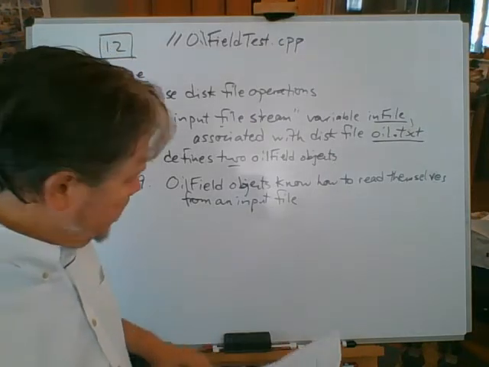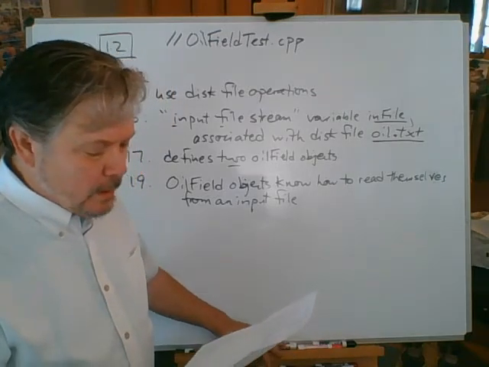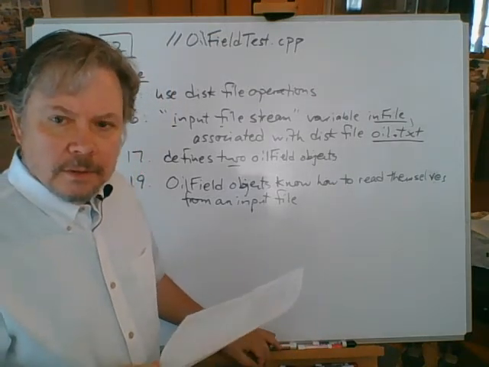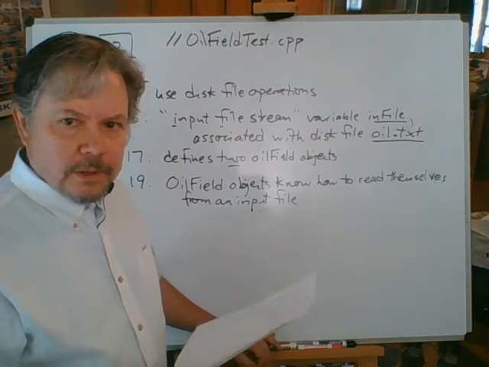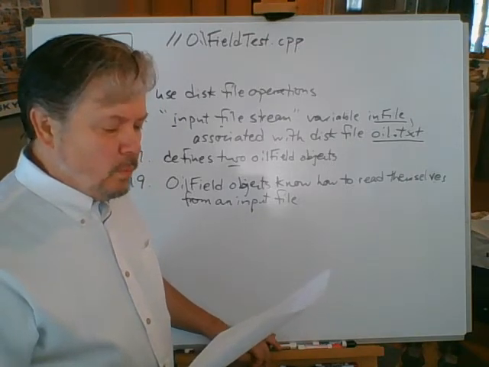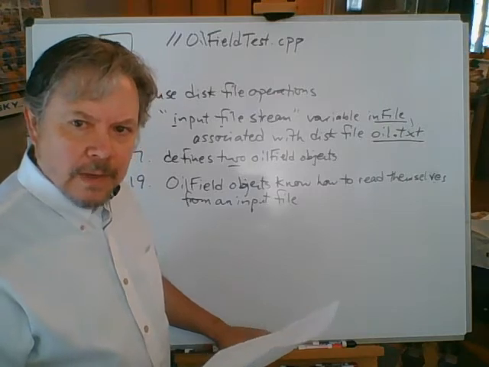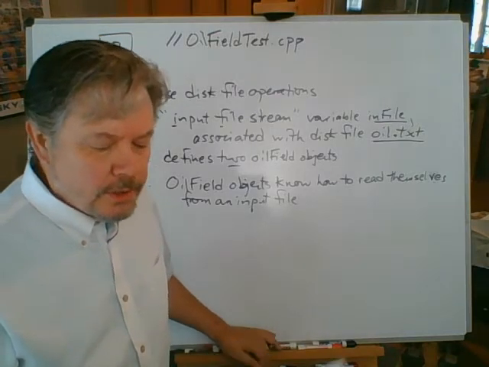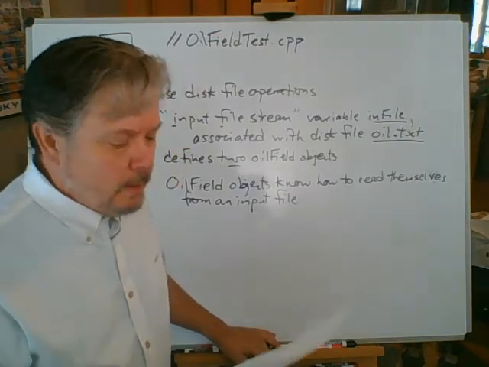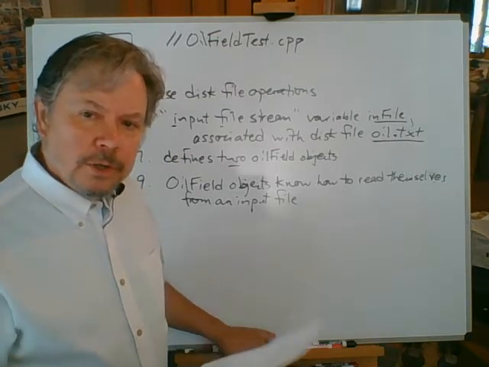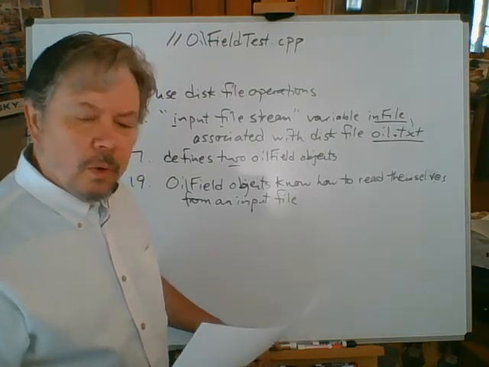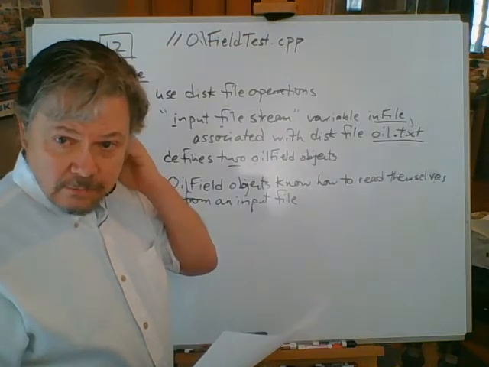Now, notice we didn't open the file down in the oil field object because, it's not too hard to imagine, there could be more than one file that has different regions in it, and maybe the main program wants to read from several different files. After it's got the file open and associated the disk file with the variable, it'll be able to pass that in to the read member function, specifically a mutator, on an oil field object, and it will read itself from that file.